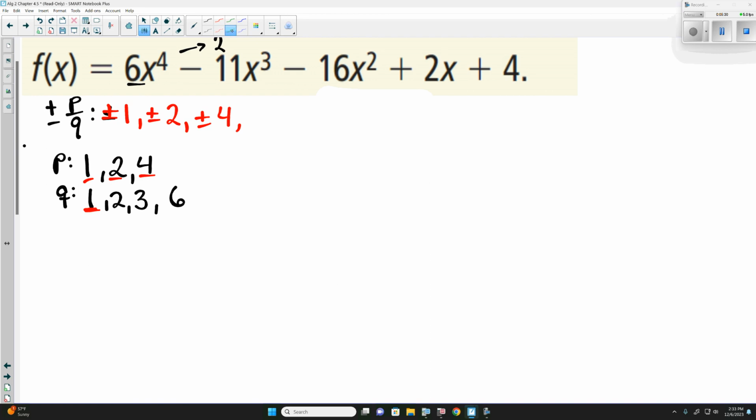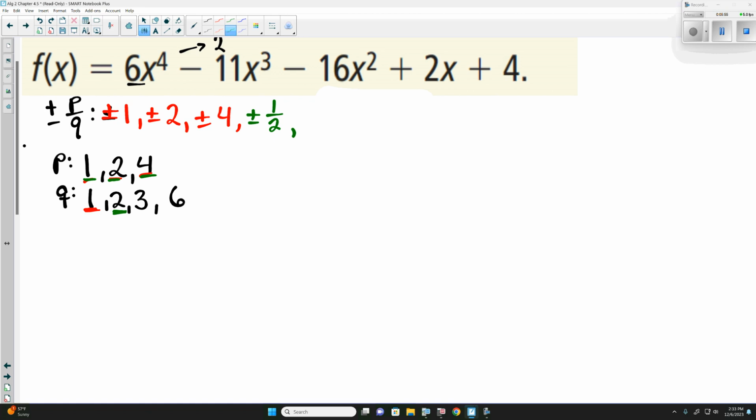Well, now we move on to q being 2. So we have 1 divided by 2, which is 1/2. 1/2 is not listed. Then we're going to move on to the next one. 2 divided by 2 is 1. Is it listed? Yeah, we don't have to write it twice. And then 4 divided by 2 is 2?